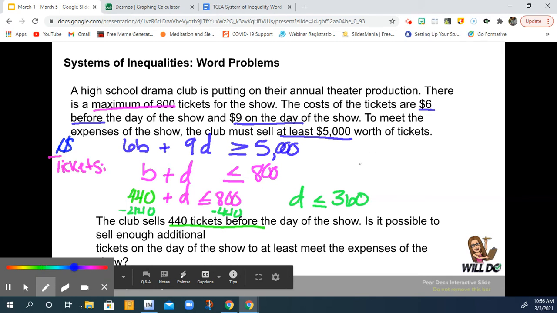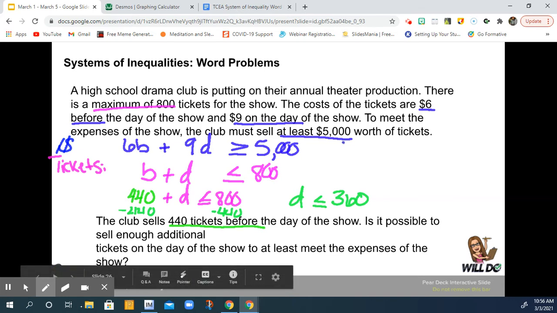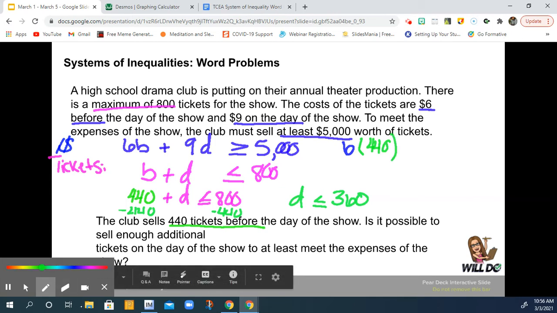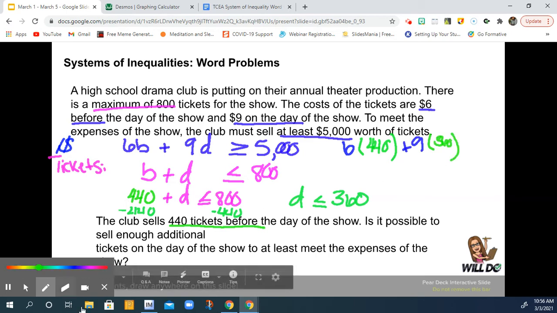And so then I'm going to use this particular piece to see if the prices work, okay? So I'm going to use $6. Now before the day, they sold 440. Okay, now let's see if they are able to still reach that amount of money if they sell 360 tickets. Will they be over their $5,000 goal?